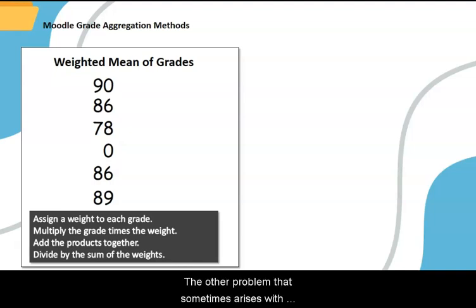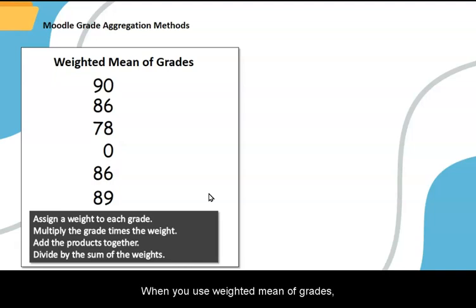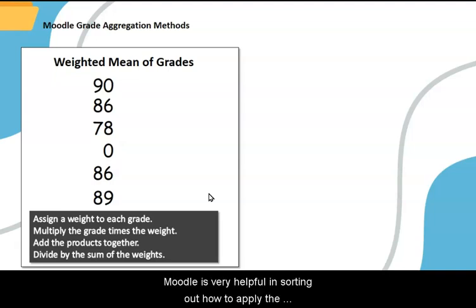The other problem that sometimes arises with weighted mean of grades is that Moodle users or faculty try to overthink it and overspecify to Moodle what to do. When you use weighted mean of grades, Moodle is very helpful in sorting out how to apply the calculation.